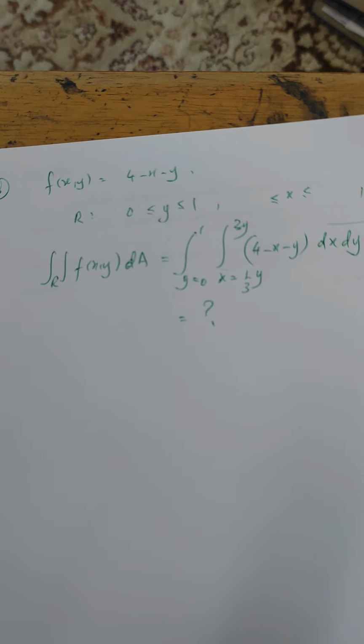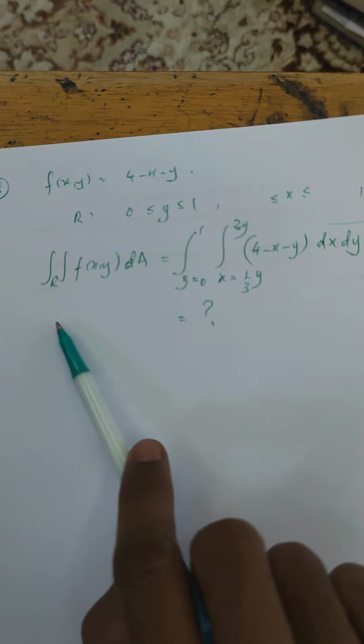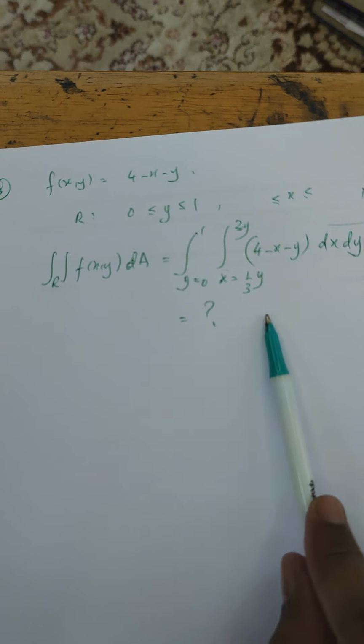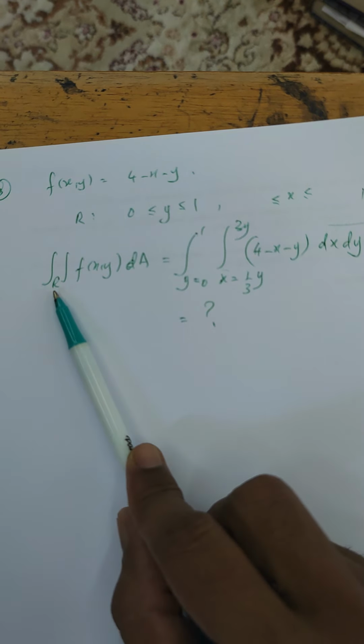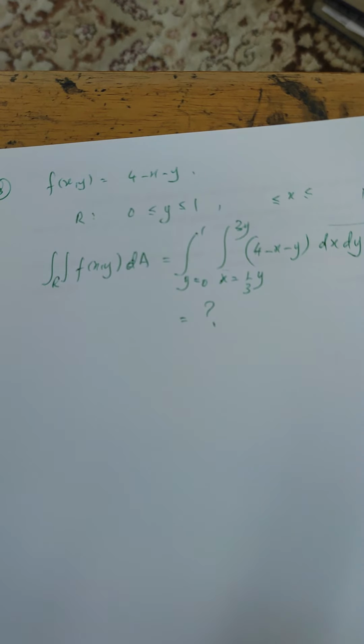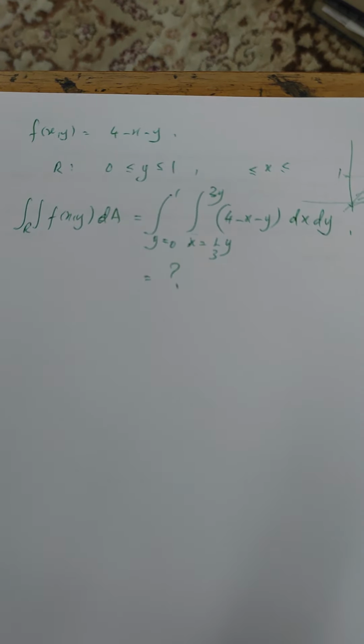Okay, so those are the 3 examples on Fubini's theorem: 1, 2 and 3. Now, what we have seen is that we can evaluate the integration around a region R, and before that, we can evaluate the integral over a line, or I can say line integral and region integral.